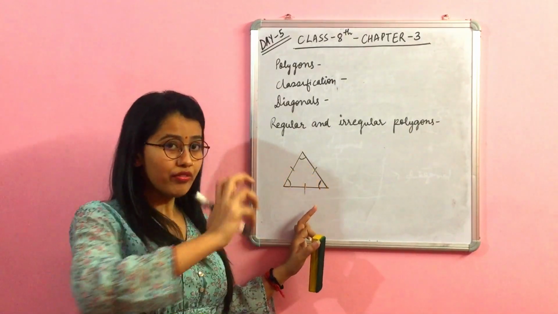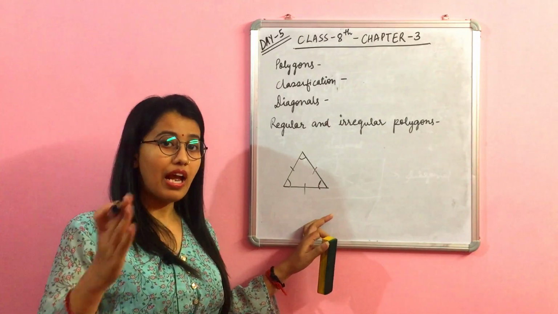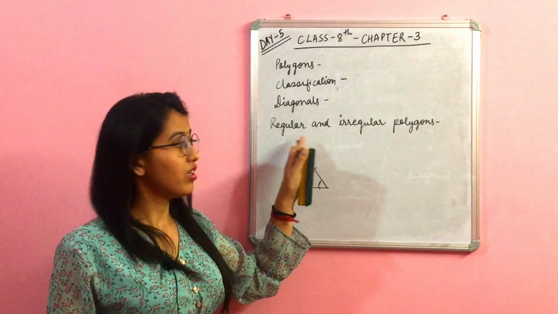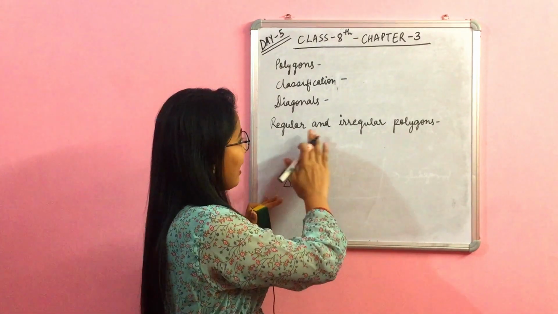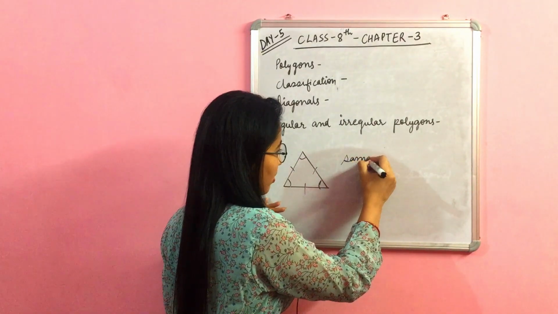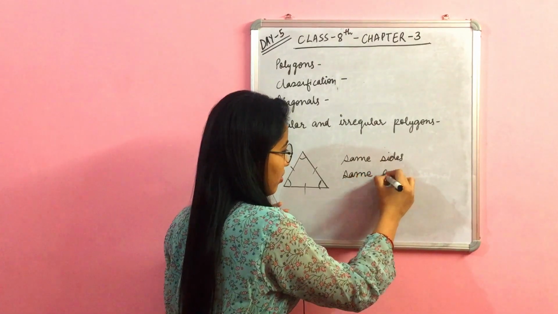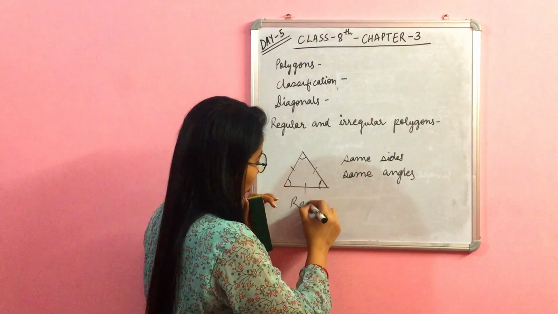If a figure or curve is equiangular and equilateral, then it is a regular polygon. Equilateral and equiangular means it has the same length of sides and the same angles. Now this is a regular polygon.